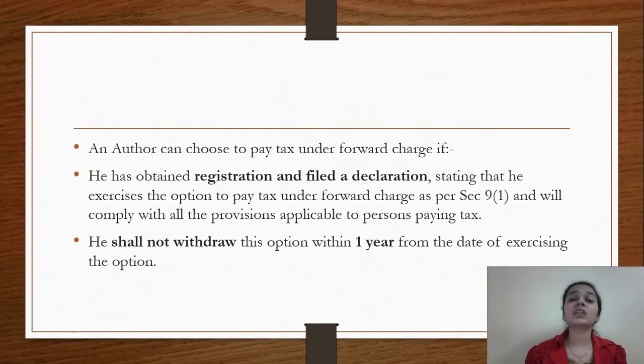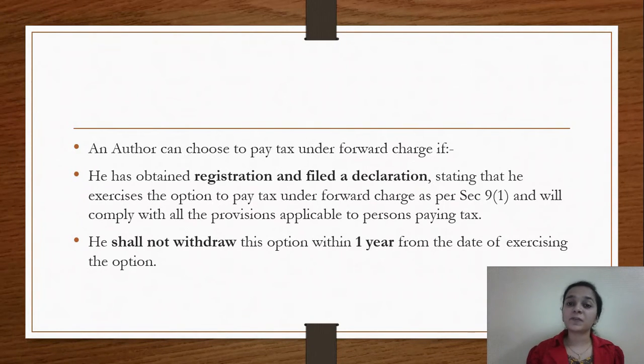The option will continue until 1 year, which means that this person cannot withdraw this option within 1 year. एक साल होने के बाद अगर उसको विड्रॉ करना है, yes, he can do so, but within a span of 1 year he shall not withdraw the option which he has exercised, and this 1 year will be from the date of exercising the option. So the date on which he exercises the option, from that day up to 1 year he shall not withdraw the option which he has exercised. I hope this is clear.